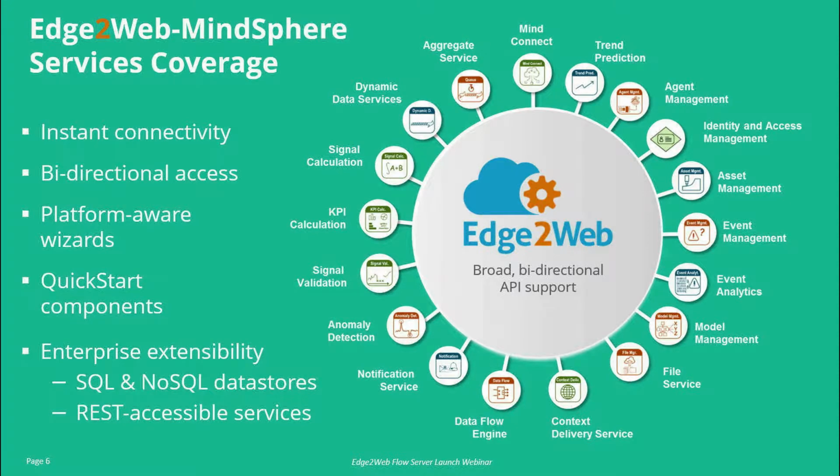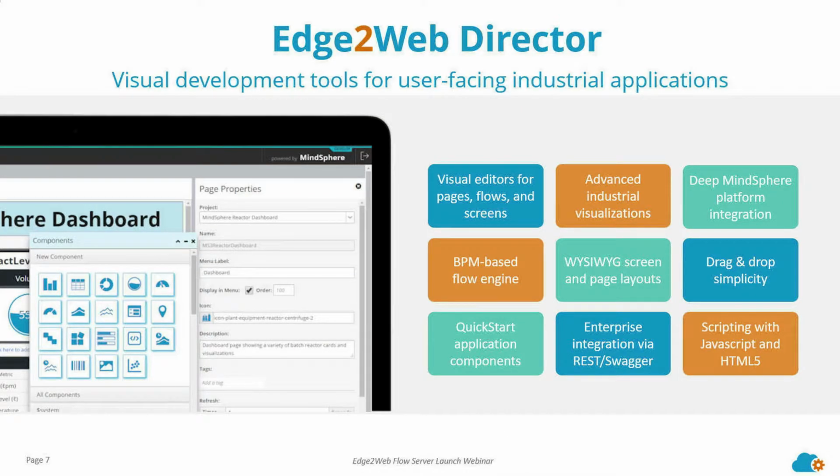As I mentioned a moment ago, Edge2Web Director is our first product. This is the product you use to build user-facing applications, whether those applications are dashboards or instruction guides for how to start up and shut down a system, or how to take action when a certain type of operating event occurs.